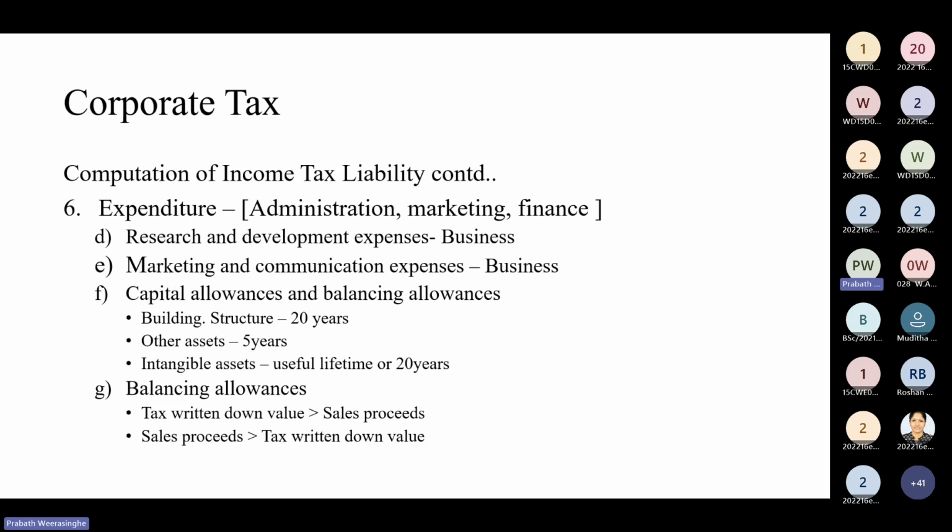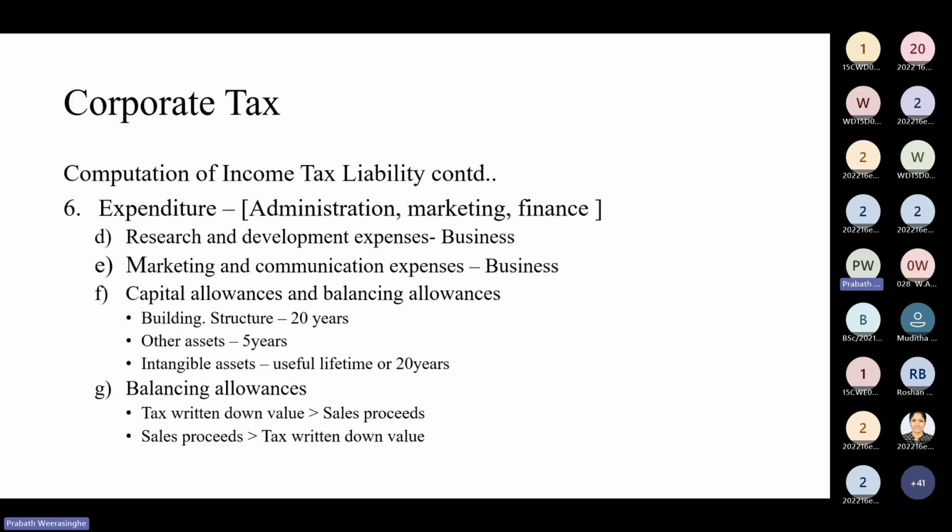As an example, I can say a motor car or a jeep, that type of asset is not entitled to capital allowances, unless the business is a renting business or vehicle hiring business. That is a type of business that can claim.